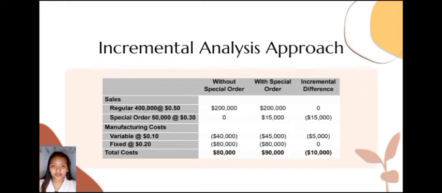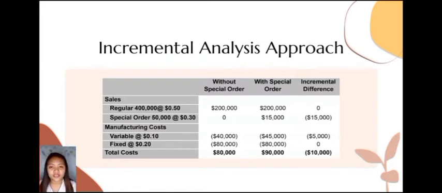To determine if the special order is profitable, we use the incremental analysis approach. Take note that the total pens without special order is 400,000, while the total pens with special order is 450,000. The normal selling price is $50 and $30 per pen for the special order.